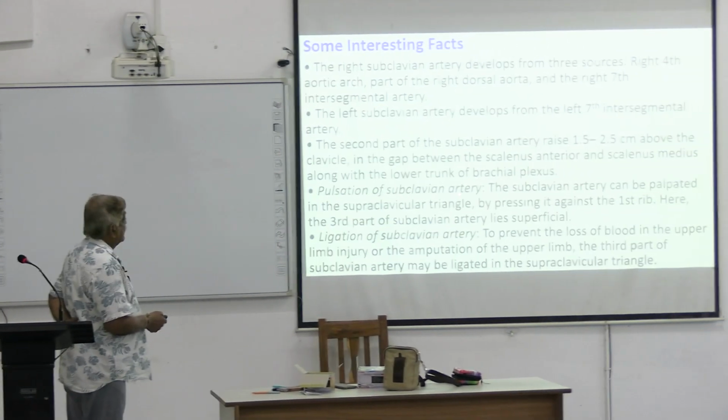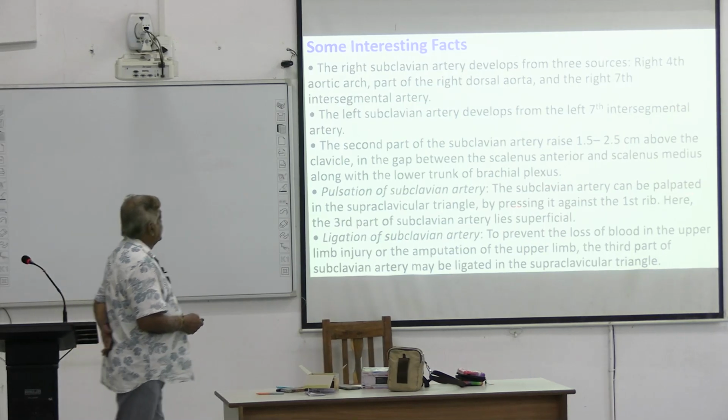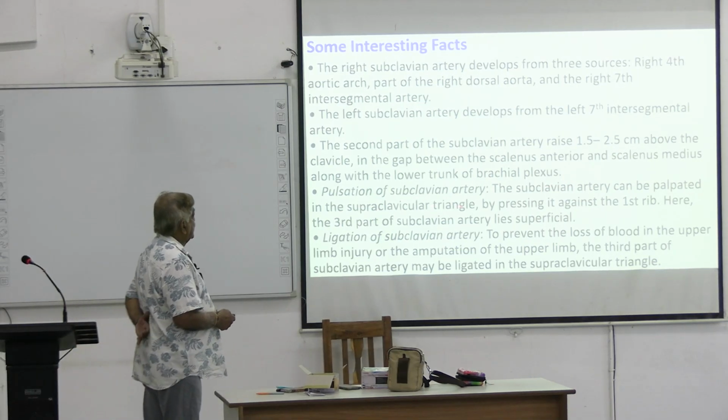Now, pulsation of the subclavian artery. The subclavian artery can be palpated in the supraclavicular triangle by pressing it against the first rib here. Third part of the subclavian lies superficial.